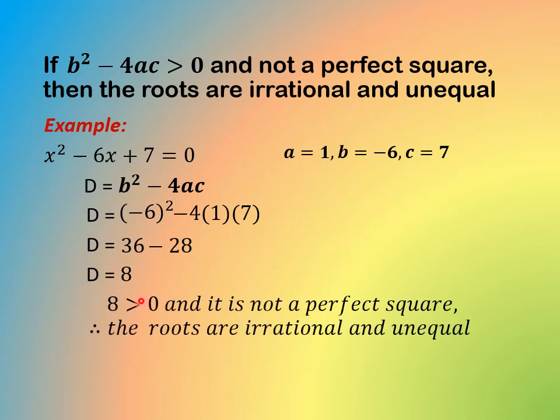So, 8 is greater than 0 and it is not a perfect square. Therefore, the roots of x squared minus 6x plus 7 is equal to 0 are irrational and unequal. So, let's check bakit nga ba irrational and unequal siya.